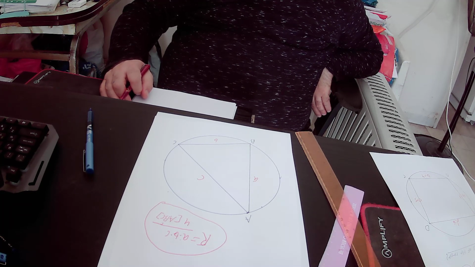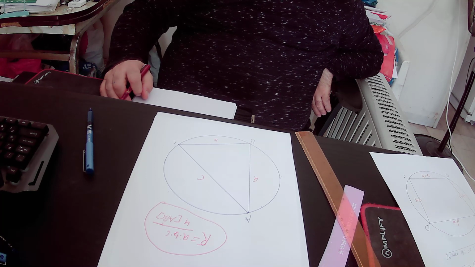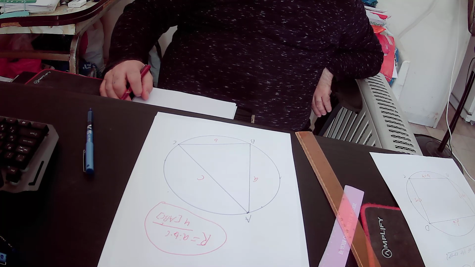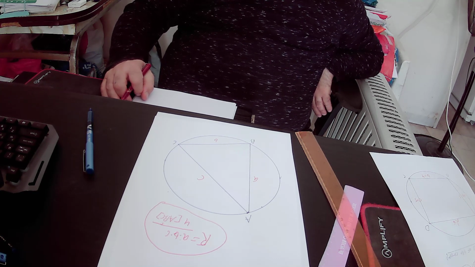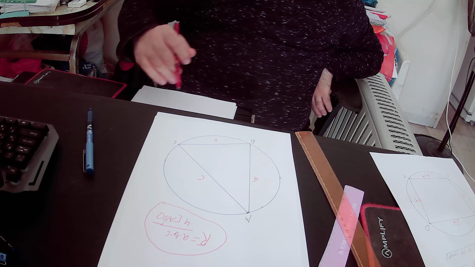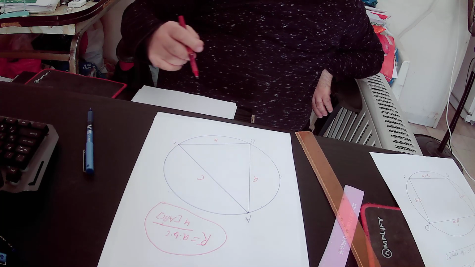If you know the lengths of that triangle's sides, then you can calculate the radius of the circle that blocks that triangle.